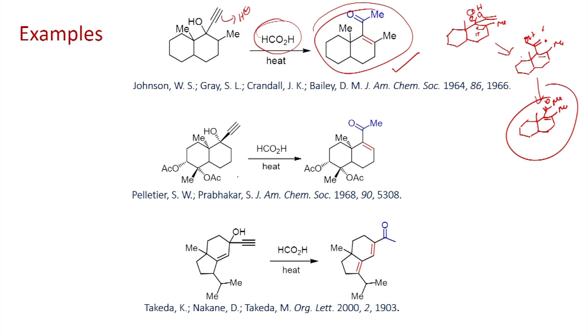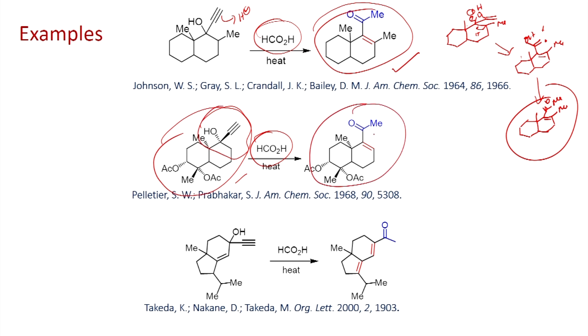And similarly, in this case also, when you react this alpha acetylenic alcohol derivative with formic acid, selectively this portion undergoes rearrangement, you will be able to get this ketone as the product, similar to this substrate.